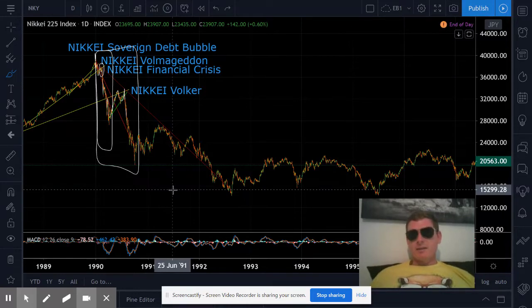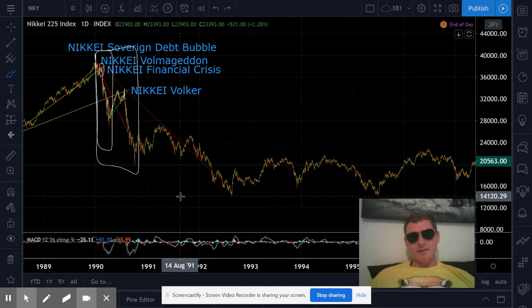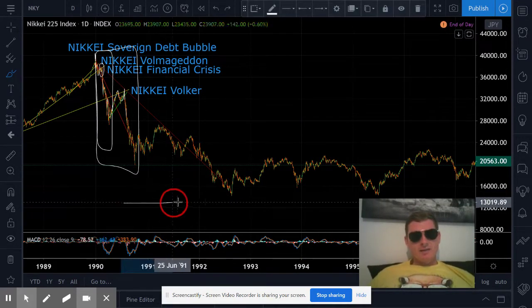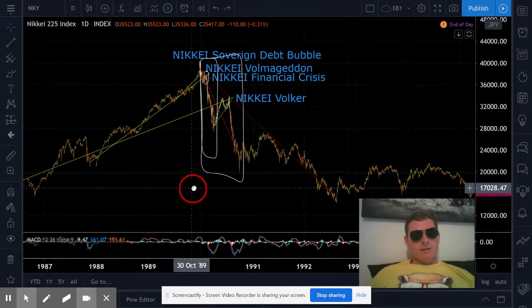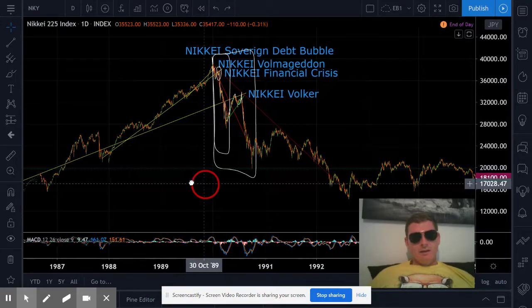And it looks like stagflation because the dollar was losing value as the stock market went down. So nominally, the stock market looks like it was going sideways, but if you inflation adjust it, you can see that it just went down over 10 years. And that's what the backside of a bubble does and how it looks.